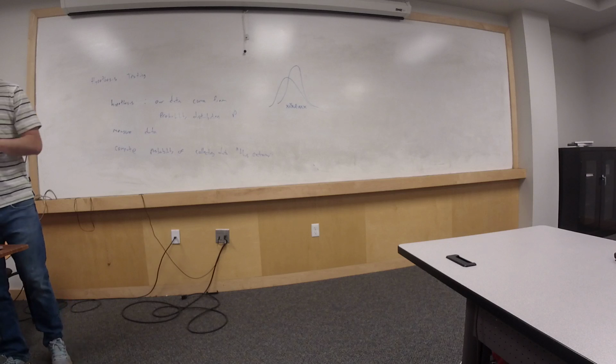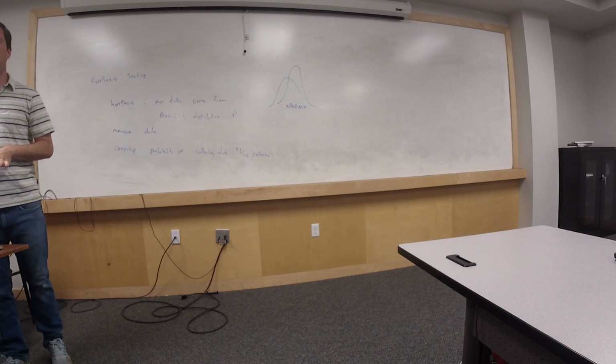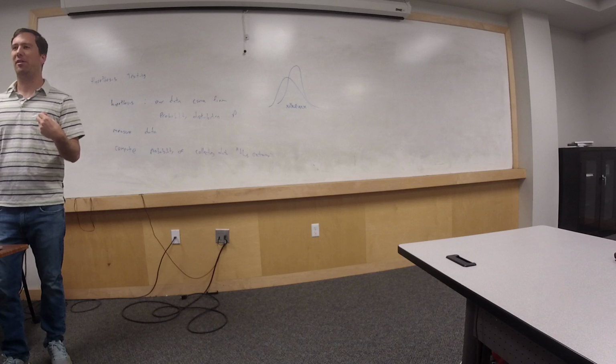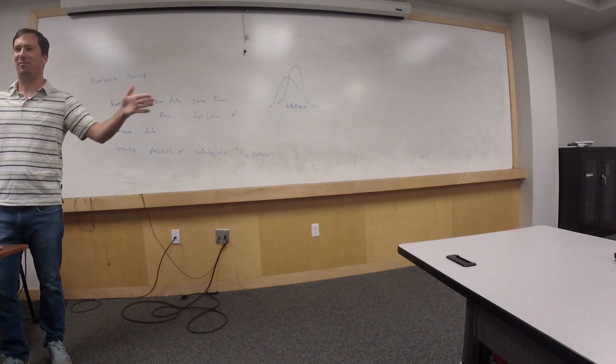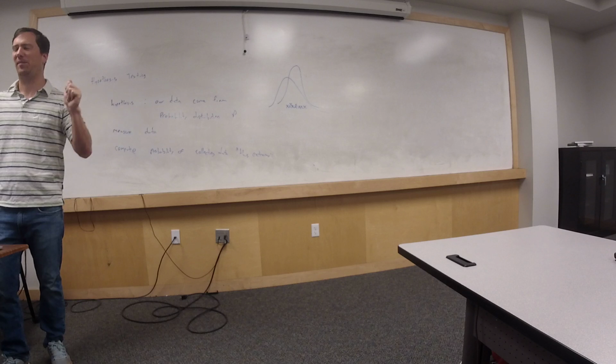We run it through some formula, and basically we assume the output of that formula comes from a normal distribution, and then if the output is way on the outsides of the normal distribution, we think it's low probability.